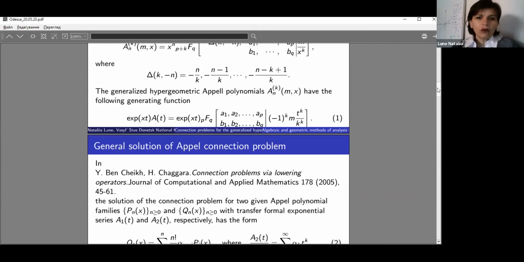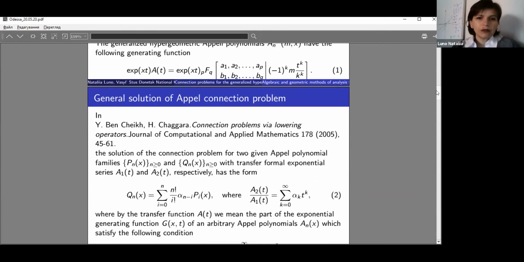Now we are going to apply the approach proposed in the article of Ben Cheikh and Chaggara, connection problems via lowering operators.